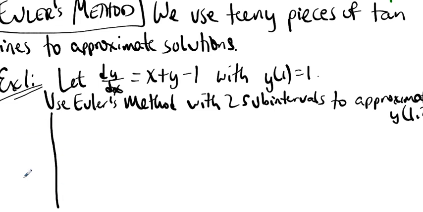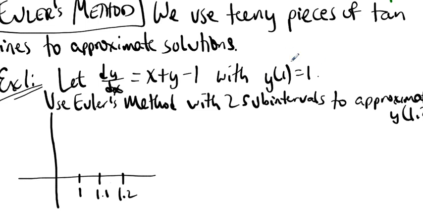And so here's the basic idea. Here's x equals 1. Here's x equals 1.2, figure not drawn to scale. Clearly, the two subintervals would be from 1 to 1.1 and from 1.1 to 1.2.